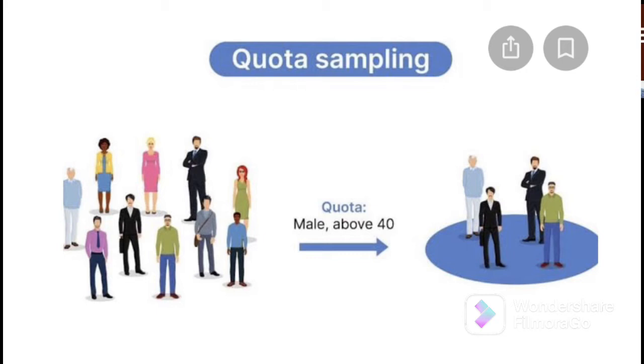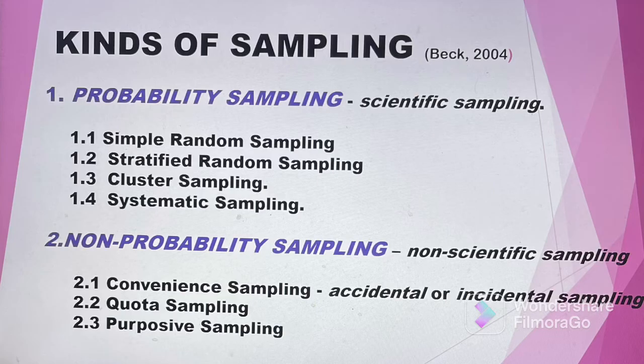And then the third type of non-probability sampling is purposive sampling. So it depends upon your purpose. Usually in a qualitative research, we do a purposive sampling. It depends upon the purpose of your research. Say, for example, you are dealing with students who are encountering problems, and they get failing grades.